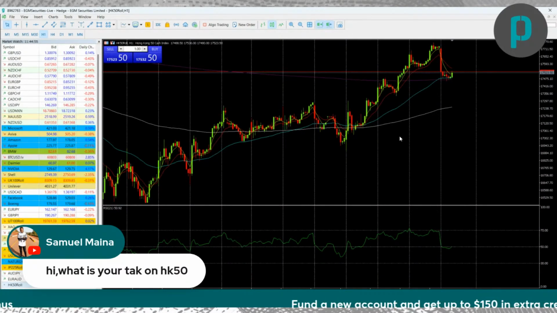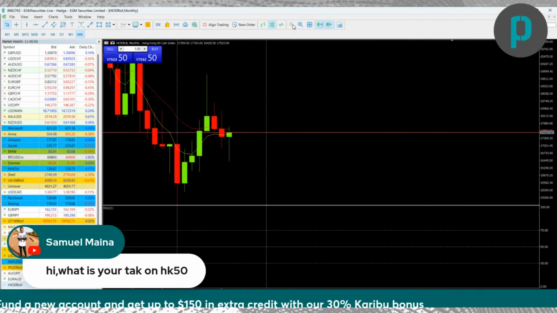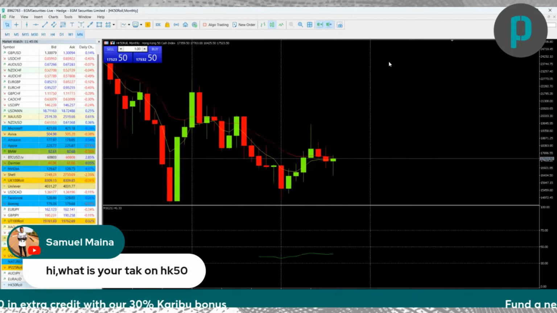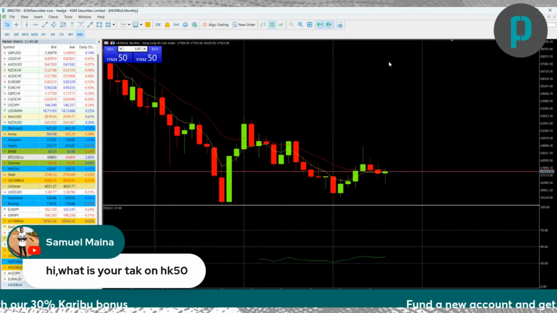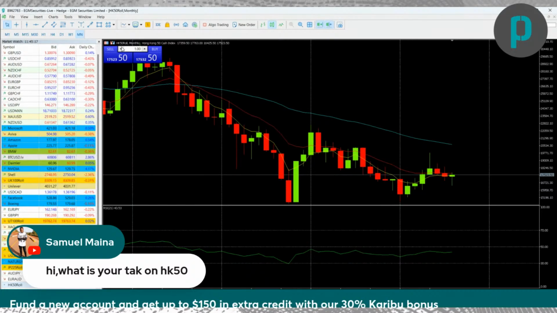So HK50, once again, let's try and look at higher time frames. How has it been? Okay, it doesn't have a clear move over here.